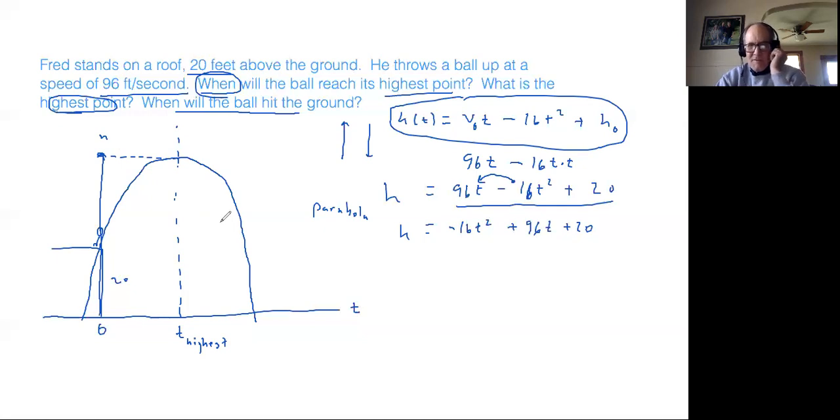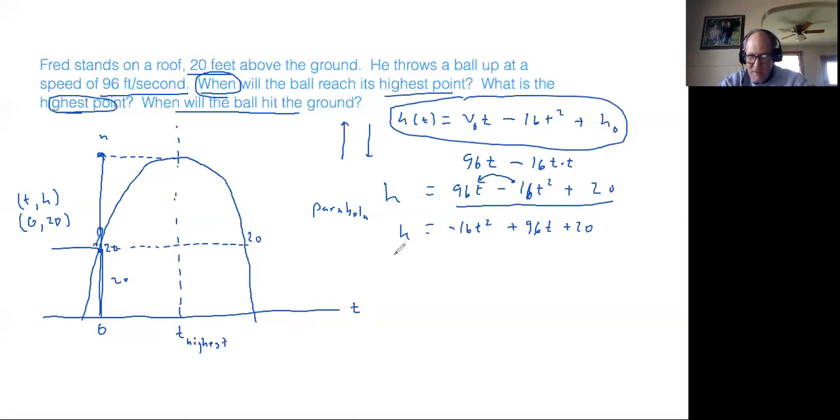Now notice something about this graph. When will the ball reach its highest point? How do you find this time? Well, think about this. If this is 20 right here, that point is the point (0, 20), time versus height. Straight across from this point is another 20, isn't it?